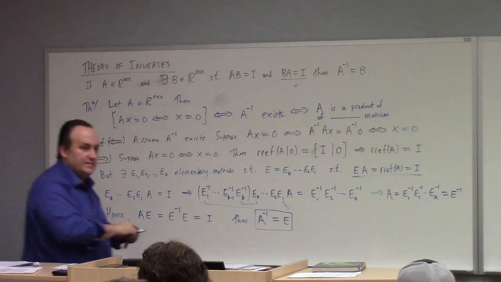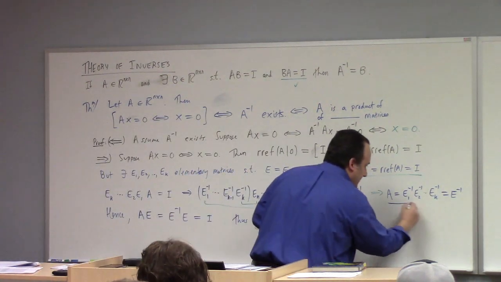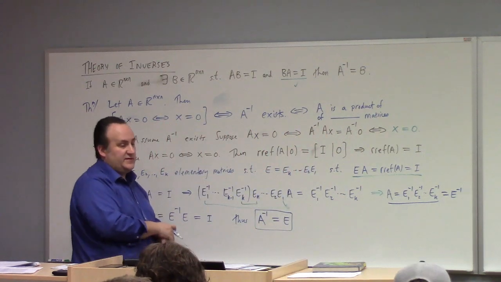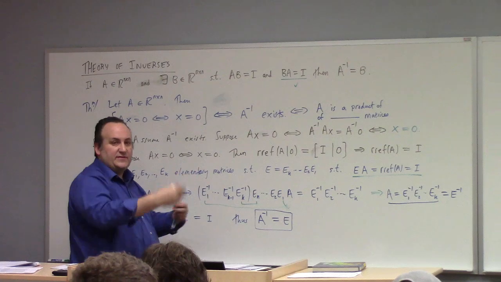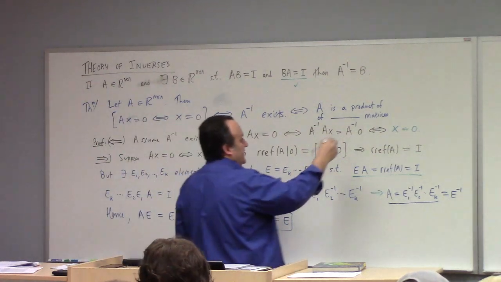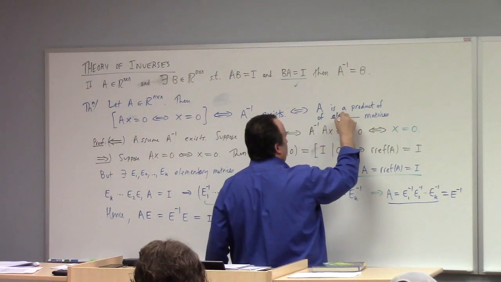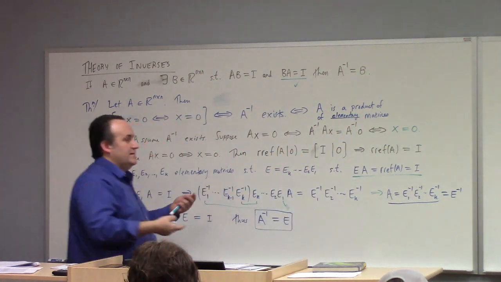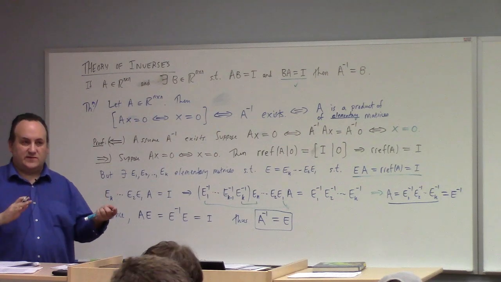This formula right here, what does it show you? It's a product of elementary matrices, because the inverse of an elementary matrix is again an elementary matrix. So if A is a product of elementary matrices. But there's more, because once you know that, you see that we don't need both conditions.